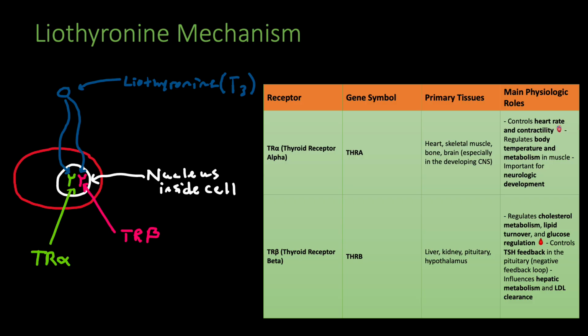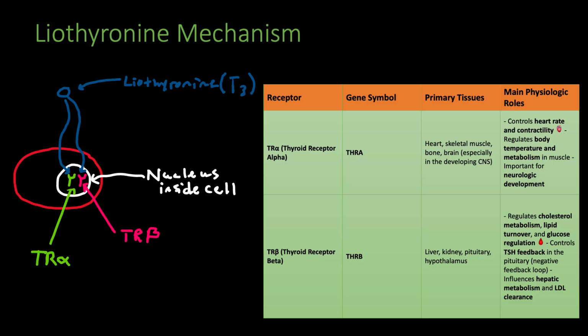And you could see here that thyroid receptor beta is used mostly for liver, kidney, pituitary, and hypothalamus functions. So it will regulate cholesterol metabolism, lipid turnover, glucose regulation, control TSH feedback, and influence hepatic metabolism.